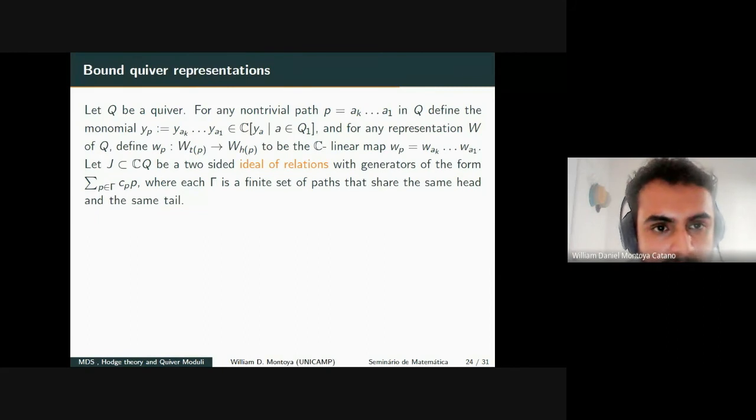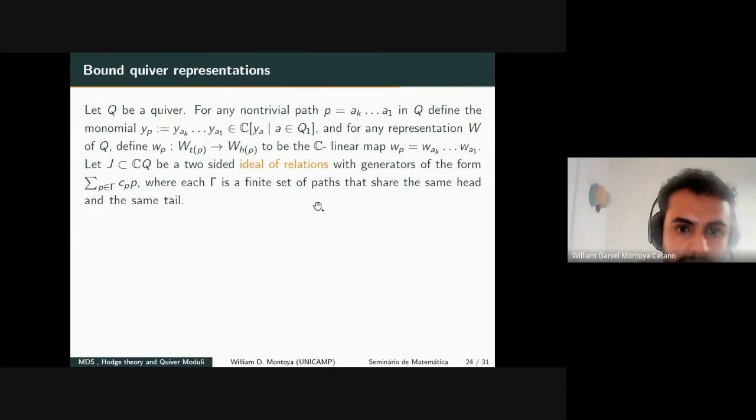Bound quiver representations. Here it just appears. So far, we have seen what a representation of a quiver is, but you can also make sense of giving meaning, in terms of representation theory, to the relations inside the path algebra. Let B_j be a two-sided ideal of relations with generators of the form finite paths sharing the same head and the same tail.